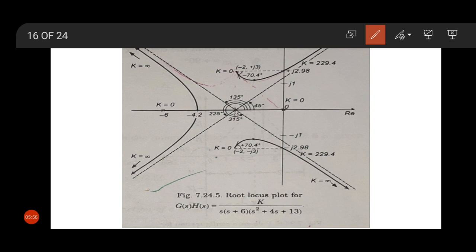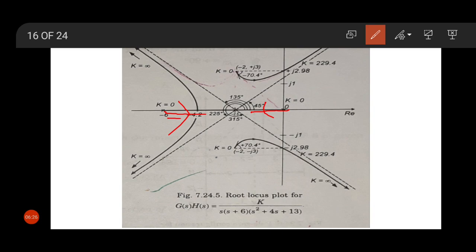So see, here we have 4 poles, so from these 4 poles, 4 branches start. From the first pole, s equal to 0, one branch starts in this way. From s equal to minus 6, one branch starts in this way, because the root locus portion is in between 0 to minus 6.